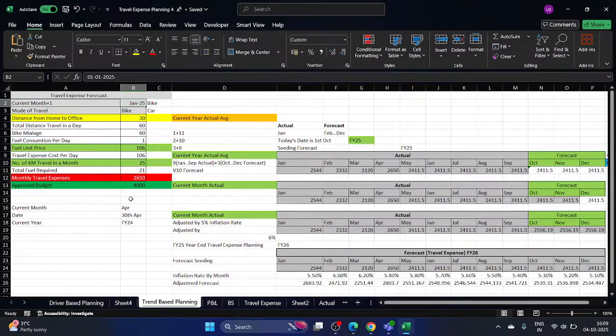So the total fuel required would be 21 liters, because if there are 60 kilometers and the mileage of one bike, we have to calculate it on the basis of the formula. Here the monthly travel expense which we have identified is 2650 and the approved budget is 4000.